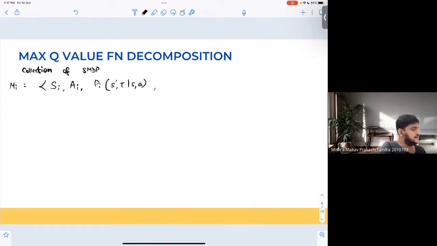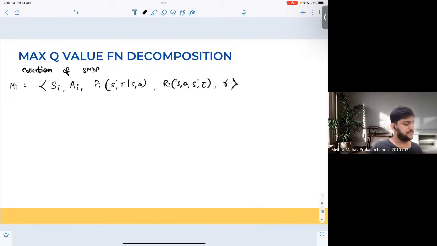And then I have some reward that I get, which is a function of all these parameters, comma gamma, right? Gamma is the discount factor. So this is the SMDP that we define.